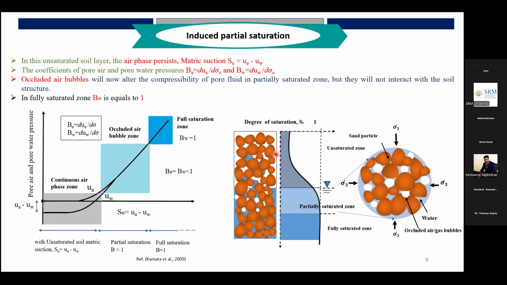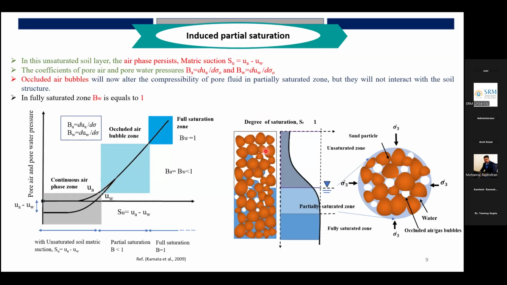Any pressure development is with respect to applied load. Suppose your applied load is sigma naught, which is normally considered the initial overburden pressure of the soil. With respect to the incremental value of sigma, there will be a corresponding development of u, that is pore pressure. Now your sigma has two components, u_a and u_w, the pore air pressure as well as the pore water pressure. So we have two distinct components.